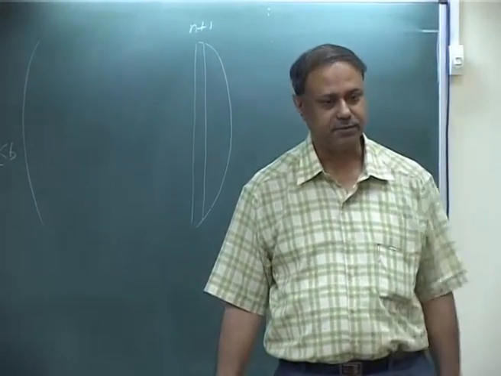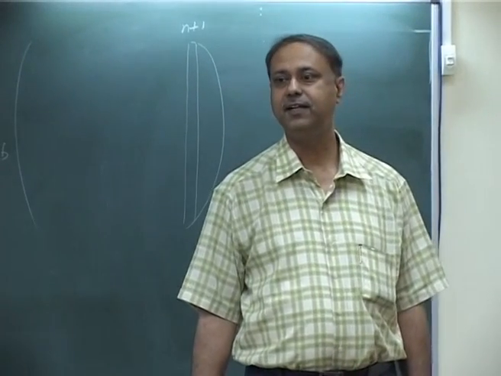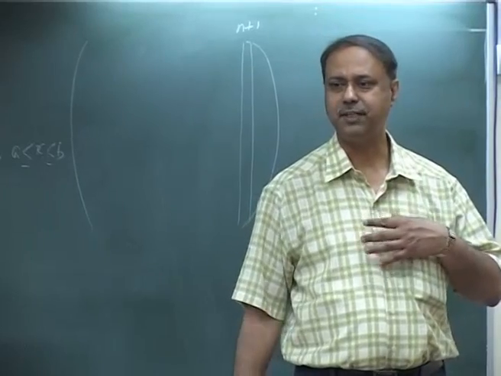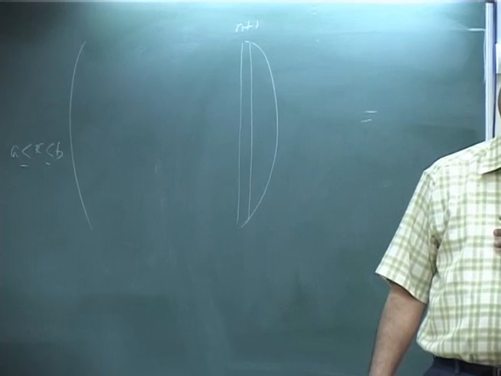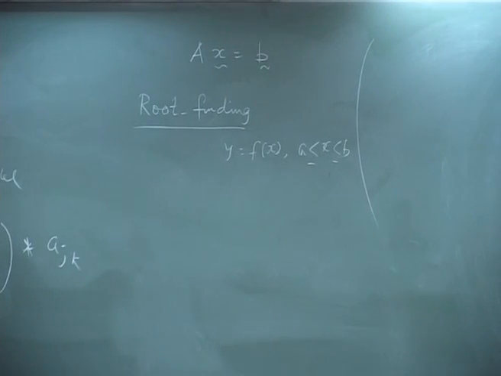Let me get a method. Second method, bisection. Which is the simplest one? Bisection is the simplest one. What is the problem in that? Demerits in bisection? a plus b by 2. No, what is the demerit?